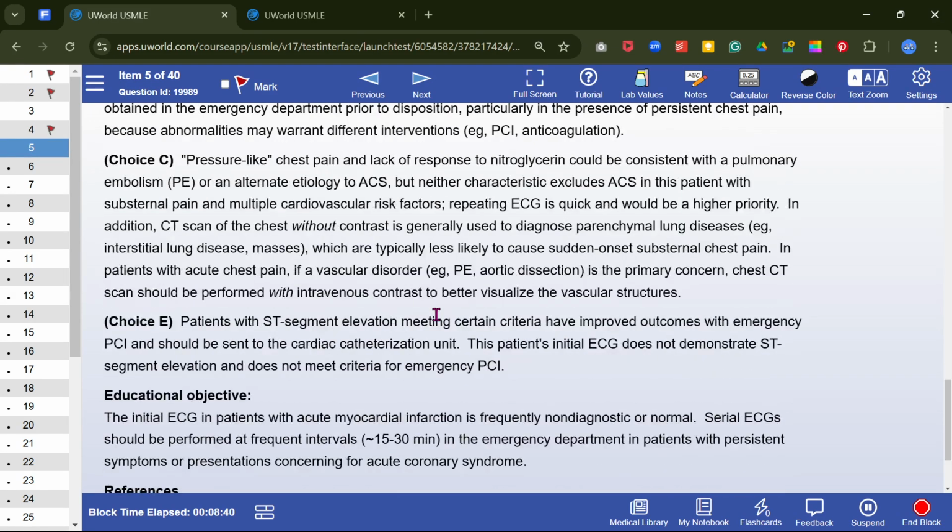Patients with ST segment elevation meeting certain criteria have improved outcome with emergency PCI and should be sent to the cardiac catheterization unit. This patient's initial ECG does not demonstrate ST segment elevation and does not meet the criteria for emergency PCI. Got it?